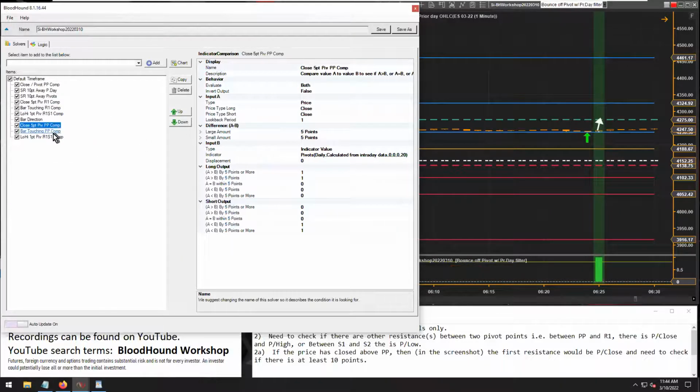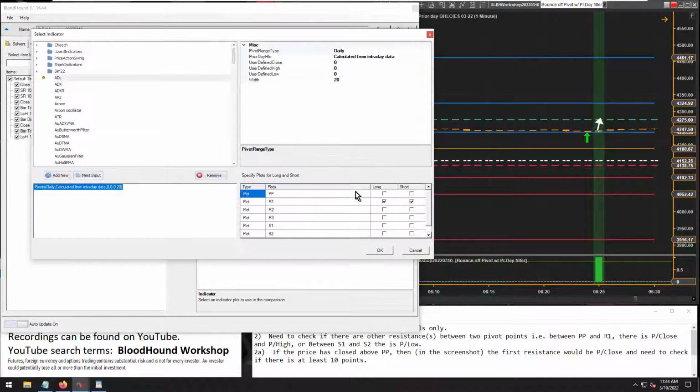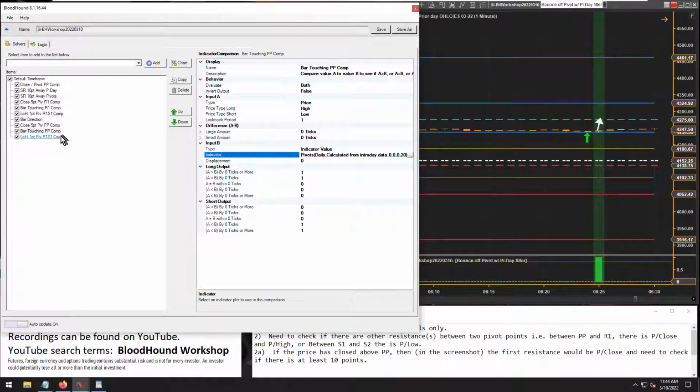Just adjust the names there. Okay, so there, we adjusted the name. So now let's go into the pivots indicator and select the PP line there. All right, there we got that one done. And the last solver here was set up to work with the R1 and S1, but now we're going to switch it over to just the PP line there.